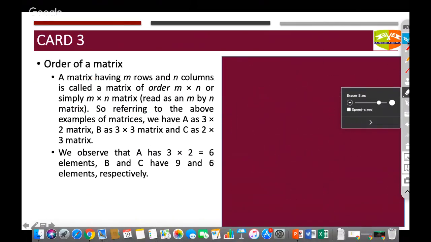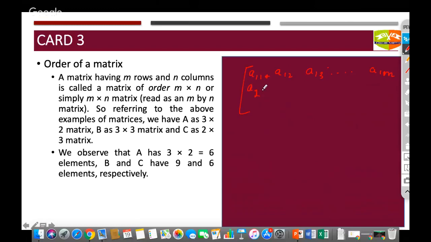First, how a matrix is represented: A11, A12, A13, and likewise A1M or A1N. Then A21, A22, A23, and so on, up to A1N, A2N, and likewise AM1, AM2, AM3, and this will be AMN.